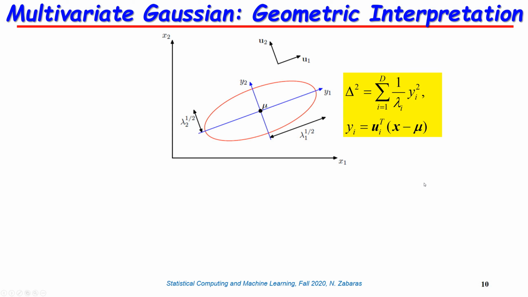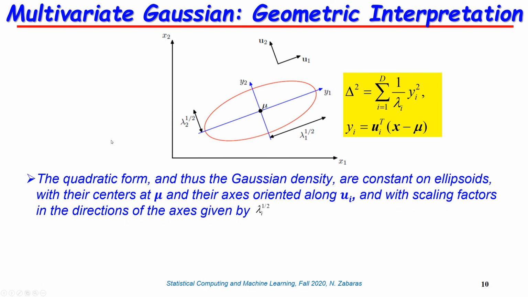So our new axes to represent these equal probability contours are oriented in the directions of the eigenvectors. In principle, the only thing we have done is take the coordinates x1 and x2 and rotate them with this orthogonal matrix U to the direction of the eigenvectors u1 and u2.